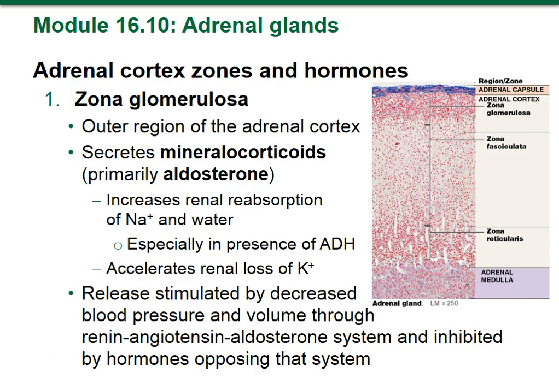So the release is going to be stimulated by the decreasing blood pressure and volume through the renin-angiotensin-aldosterone system. We'll talk more about that. And it's inhibited by the hormones that oppose that system.